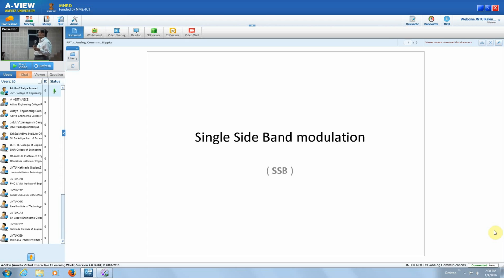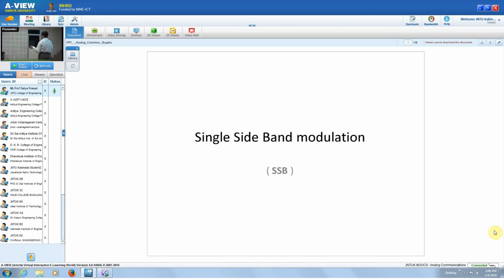Therefore, we have not got any reduction in the bandwidth, whereas we could reduce the power required to transmit for a required efficiency. As you have seen, we transmit only DSB-SC because information is contained only in the sidebands. So, we are transmitting the sidebands and suppressing the carrier, because there is no information in the carrier.